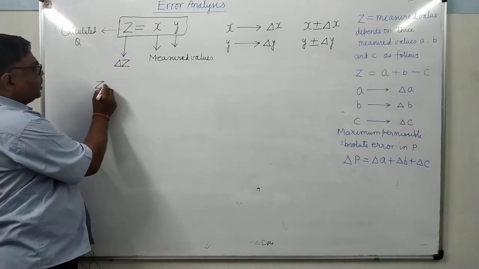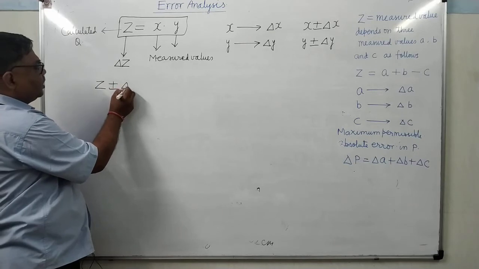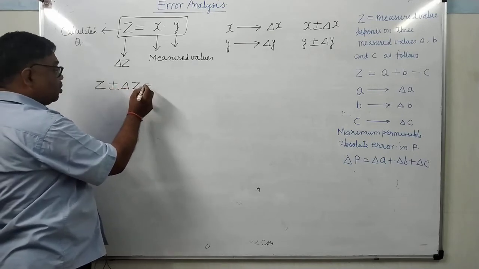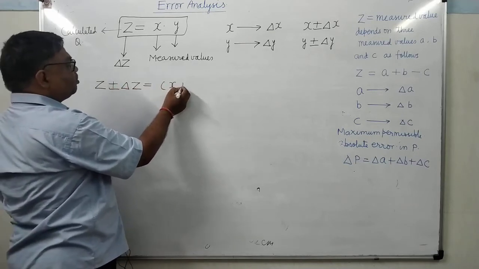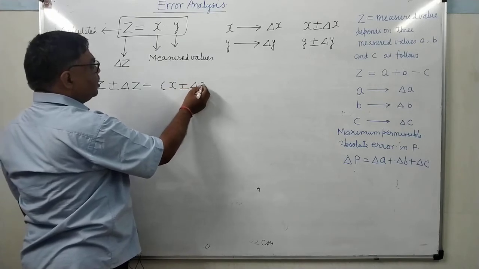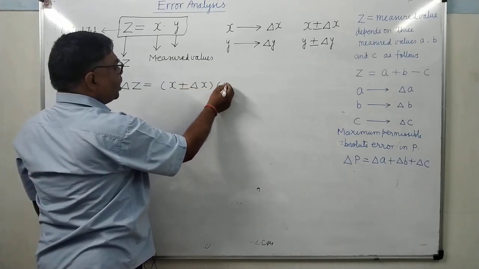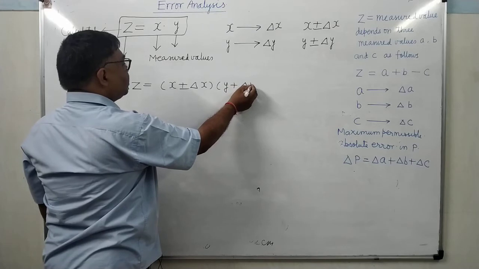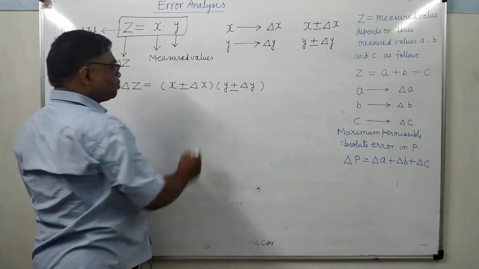So it will be Z plus minus delta Z equals (X plus minus delta X) into (Y plus minus delta Y).